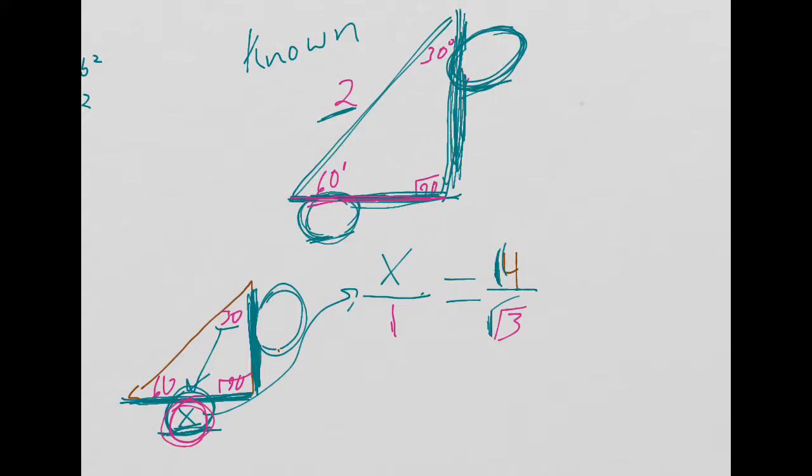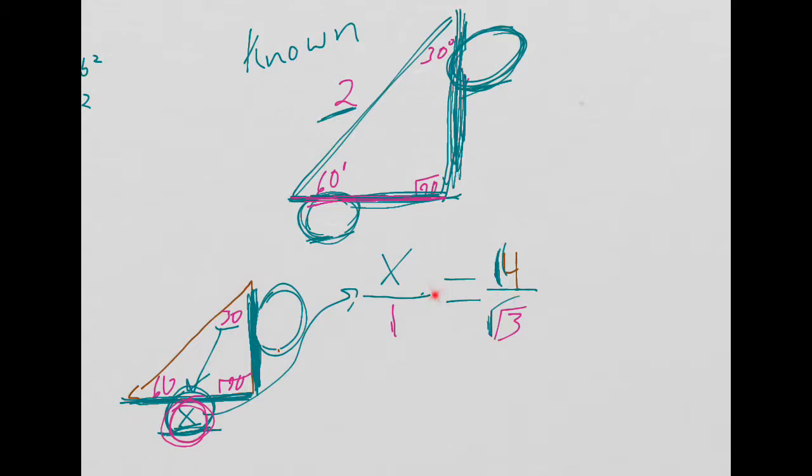Now another thing I want you guys to notice is, where do the numbers that are on the tops of the fractions come from? These numbers, this x and 4 that are on the tops of the fractions, do they come from my known triangle, or do they come from the triangle that I'm trying to figure out x for? Well, of course they come from the triangle that I'm trying to figure out x for.